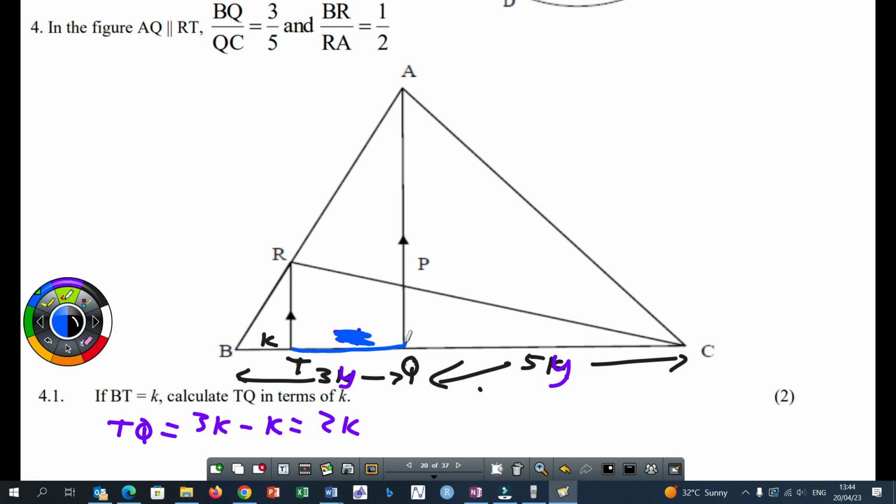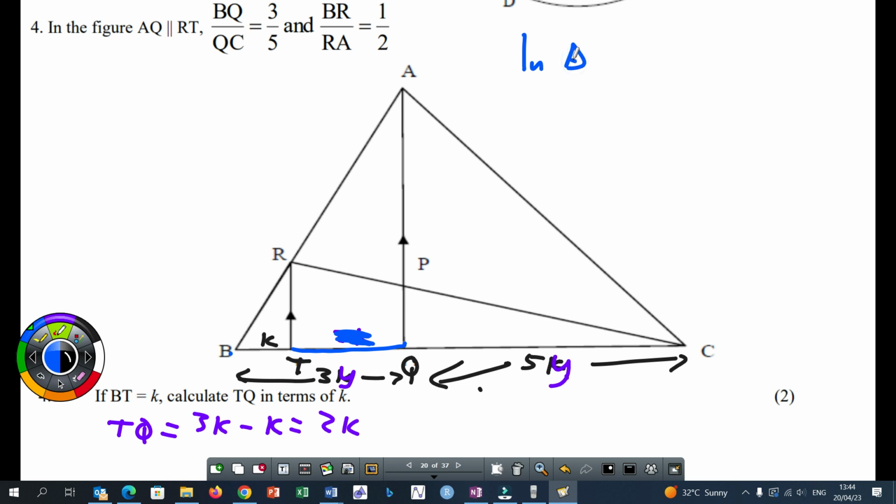Can you pay attention, please? Since I know the ratio of BR over RA, I'm going to use it to determine the length of TQ. So in triangle ABQ, I'll say BR over AR.